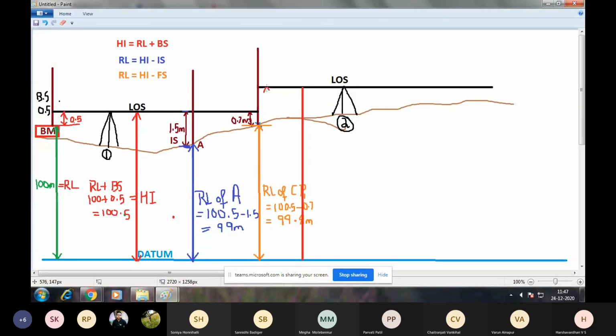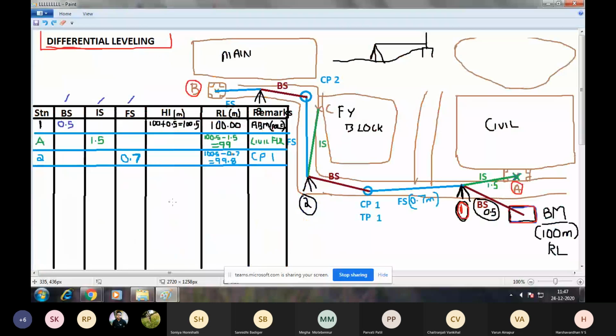Let's say this is the staff reading I get, 1.8 meters. So I'll write this 1.8 here.